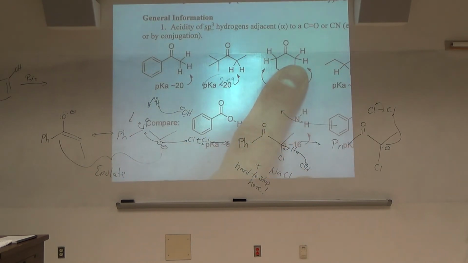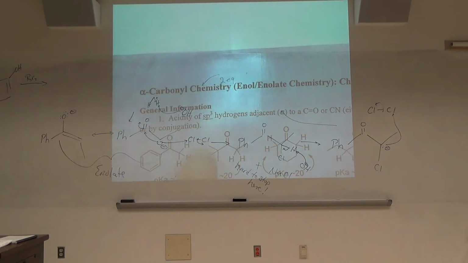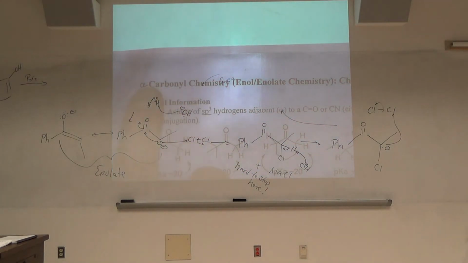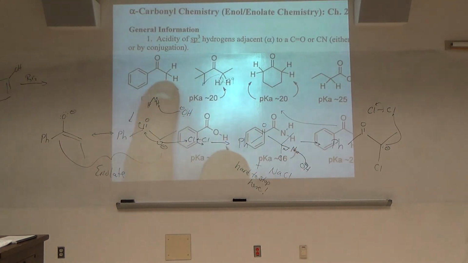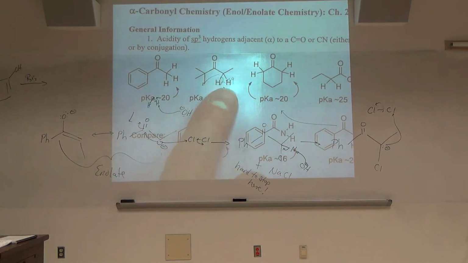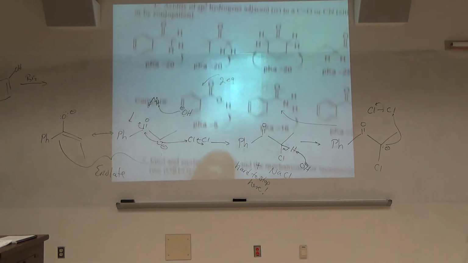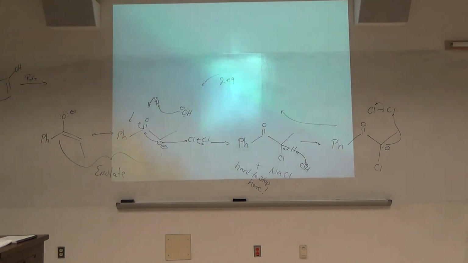Because of resonance. We're doing alpha carbonyl chemistry, not beta. Why are we able to do alpha? Because the H's alpha to the carbonyl are acidic enough that we can remove them and do chemistry with them. And that's what we're doing over here.